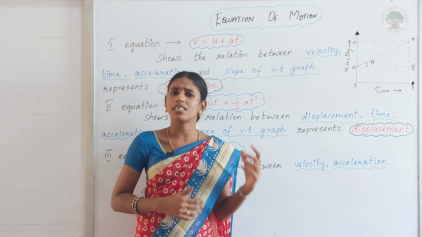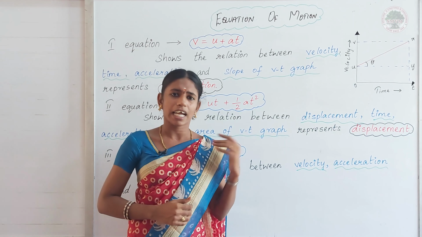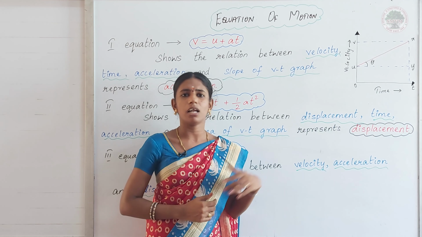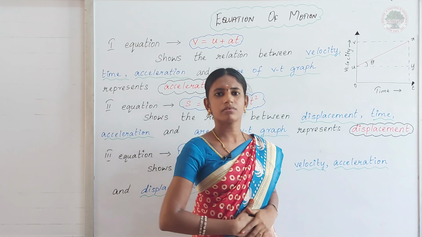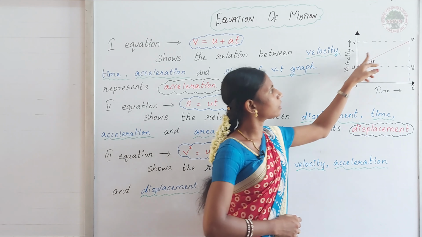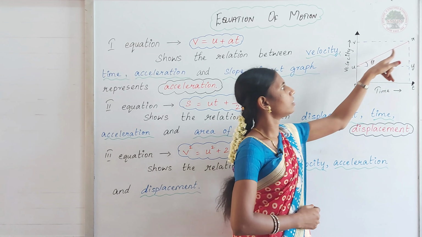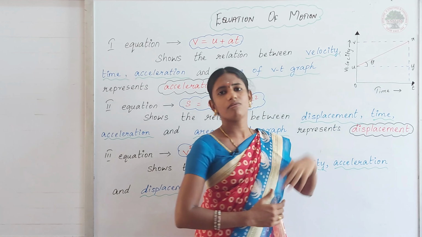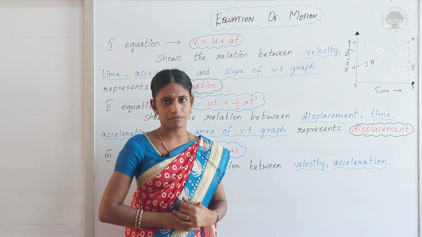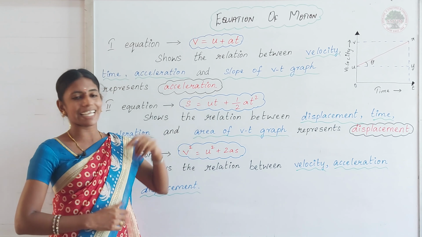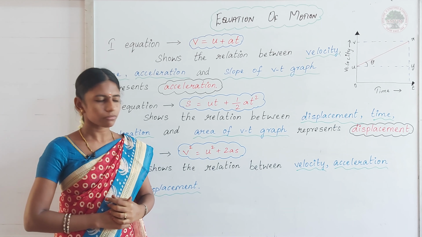This first equation of motion can be derived with the help of the graph. By taking the slope of the velocity time graph, we can derive this first equation. Next is the second equation of motion.